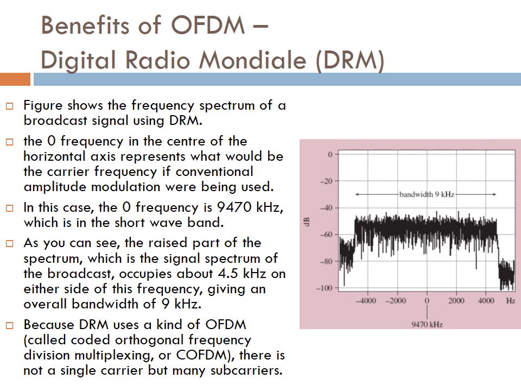The following figure shows the frequency spectrum of the broadcast signal using DRM. The center of the horizontal axis represents the carrier frequency. Conventional amplitude modulation is used.